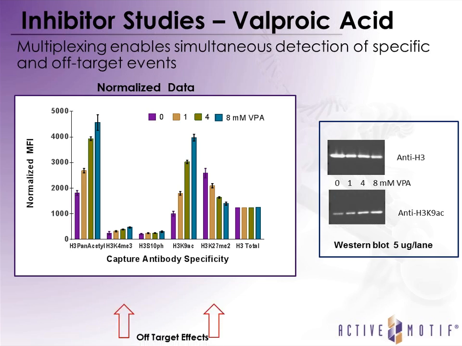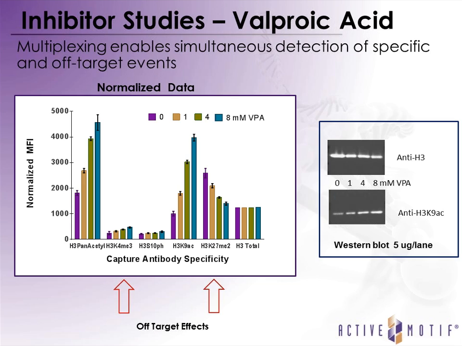But we are also able to observe off-target effects. We are able to detect increases in lysine 4-trimethylation, which has in fact been reported recently in the literature as a pretty common effect of HDAC inhibitors. We also are able to see decreases in lysine 27 dimethylation, which was a bit of a surprise to us.